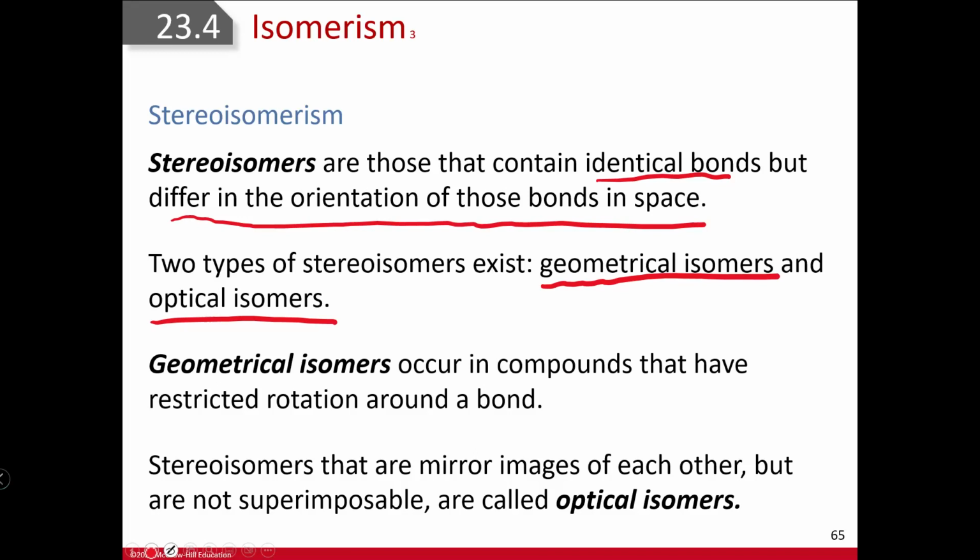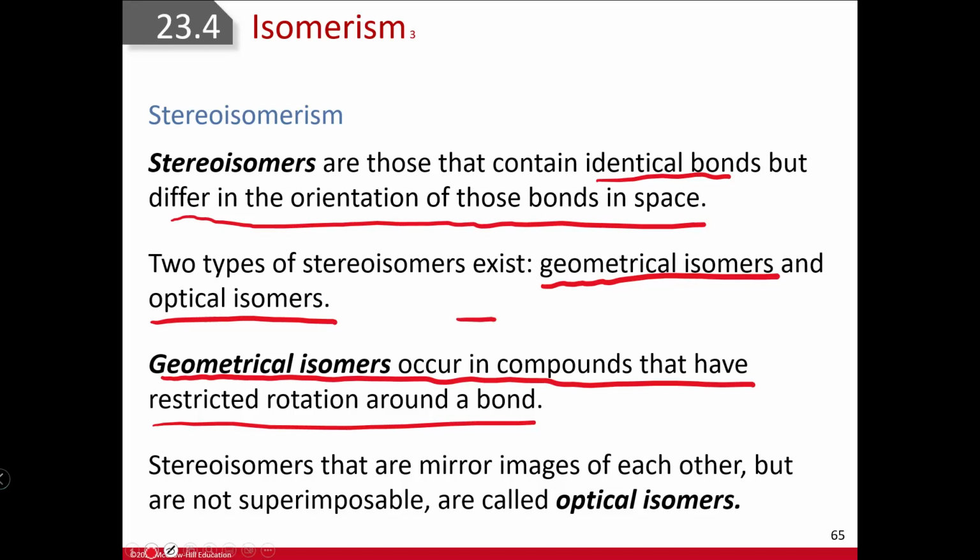Geometrical isomers occur in compounds that have restricted rotation around the bond. So what does that mean? Generally, if you just have a single bond and there's a carbon here and there's a carbon here, and then you have hydrogens coming out like this, this is going to be a tetrahedral here. And then you have the same thing here, hydrogens coming out like this.